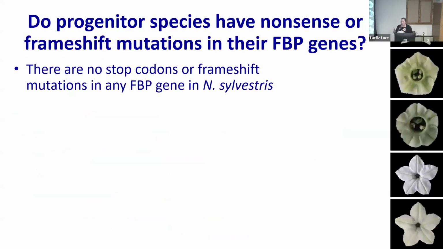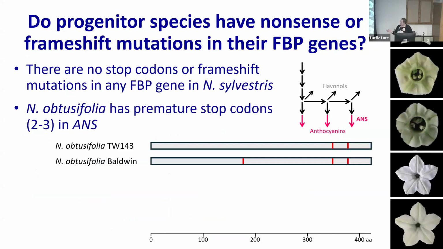So we found that they tend to not have any nonsense or frameshift mutations. There are no stop codons or frameshifts in any of our genes in Nicotiana sylvestris, the maternal progenitor. We did find that obtusifolia has either 2 or 3 premature stop codons in ANS, which is our last enzyme towards making anthocyanins.